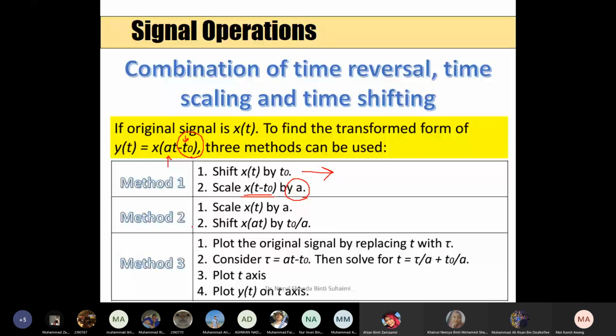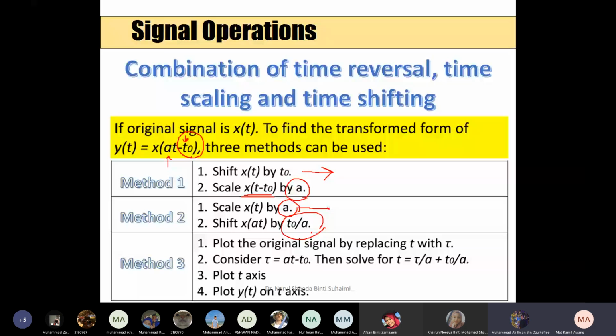Method two, you scale first by a, then you shift by t naught over a.